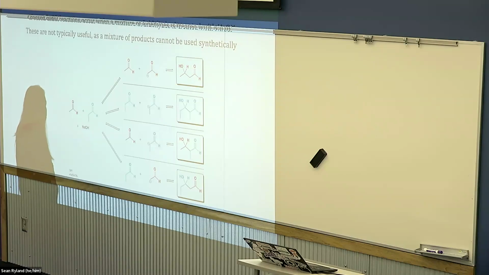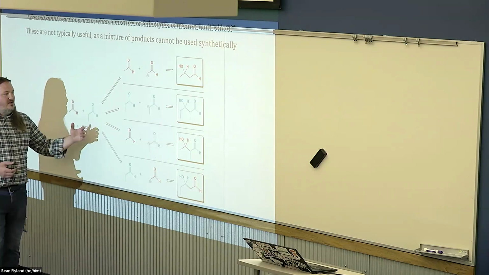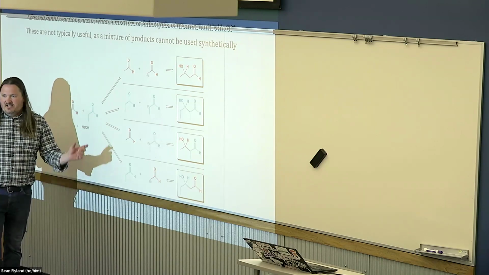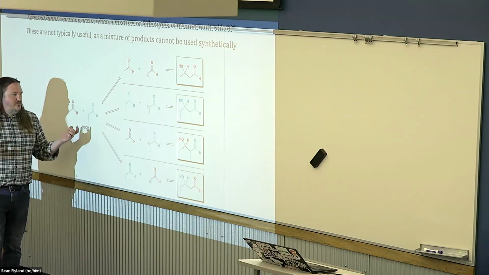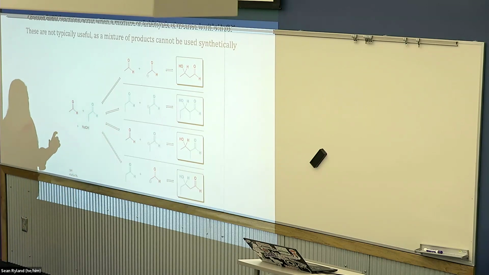Right, so this isn't all that helpful in terms of synthesis. It seems like these aldol condensations might be really helpful, because it's a way you can take two separate pieces and stick them together. It's a way you can modify the carbon skeleton in a fairly predictable way, except for the whole fairly predictable part.